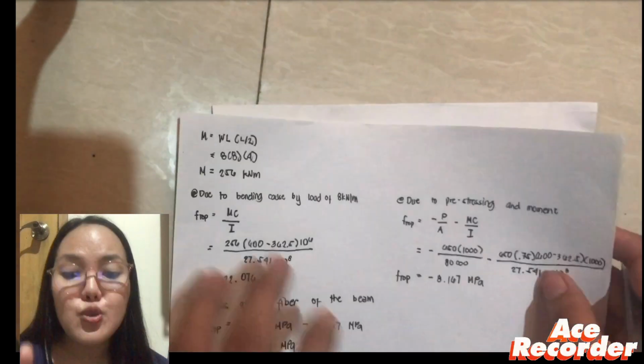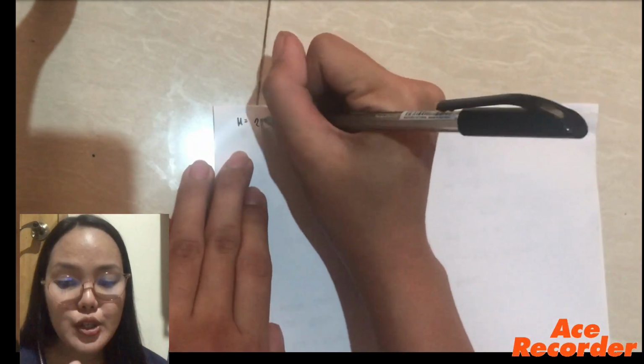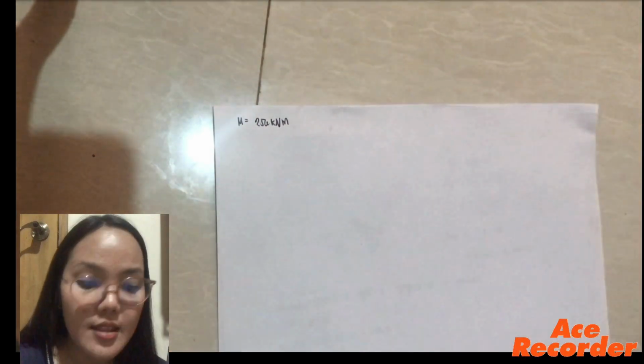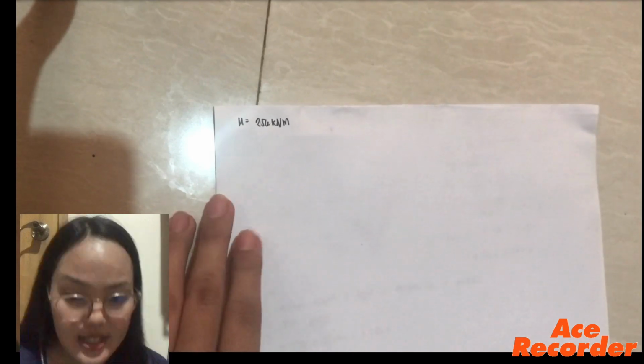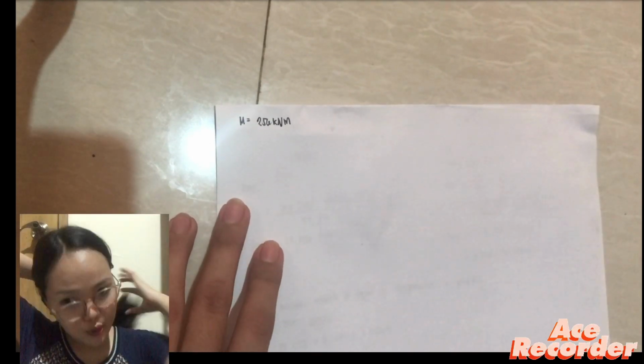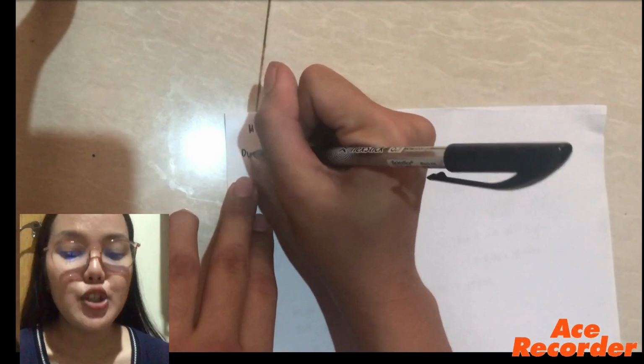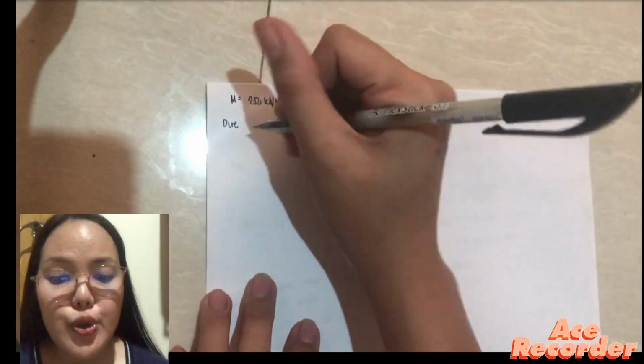Now first, we will get the moment, which is same as in letter B, the 256 kilonewton meter. Now, the flexure on the top due to the moment, we have the formula F sub top is equal to moment times centroid over inertia.